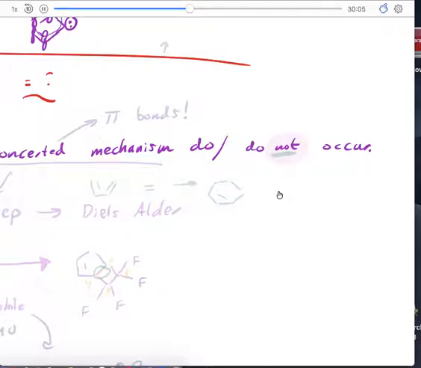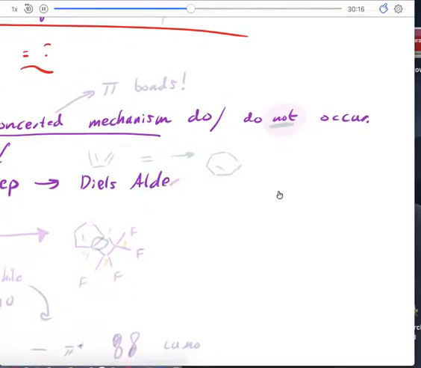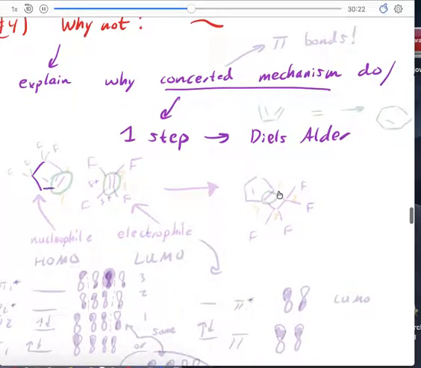By concerted, remember that's happening in one step. And the classic example of that is Diels-Alder. I think the problem, as it states, is not an exact replica of the problem, but it's close enough.